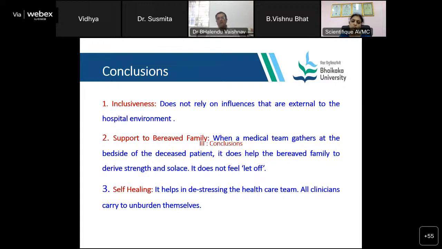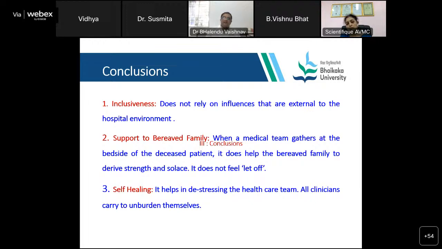Third, I have not talked so far about it, that it does a lot of self-healing. Believe me, whether a person is in distress or in a form of detachment or avoidance or indifference, any of this happening in a doctor means that he is somewhere hurting himself. It may be undercover, but he requires healing.